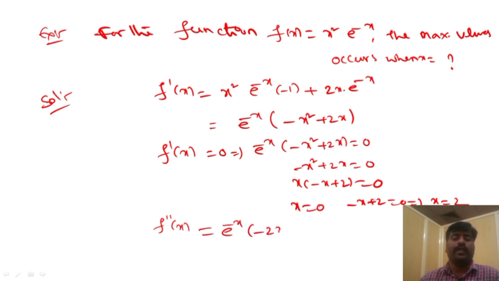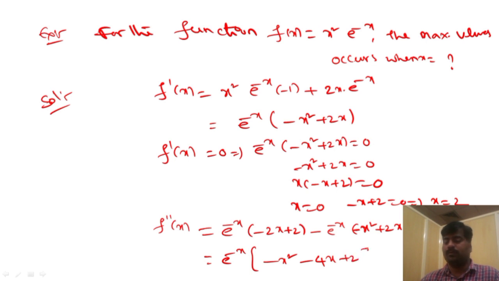Keeping e power minus x the same, minus 2x plus 2, and the derivative of e power minus x is e power minus x into minus x squared plus 2x, which I keep the same. Now e power minus x taken common, minus x squared minus 2x minus 2x is minus 4x, plus 2.